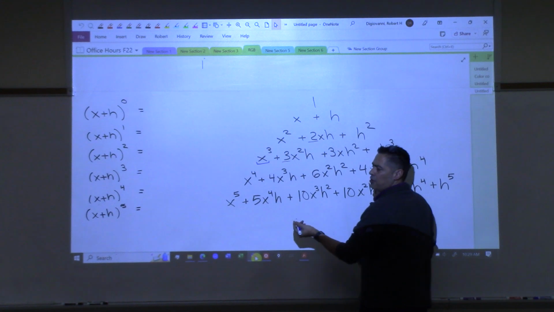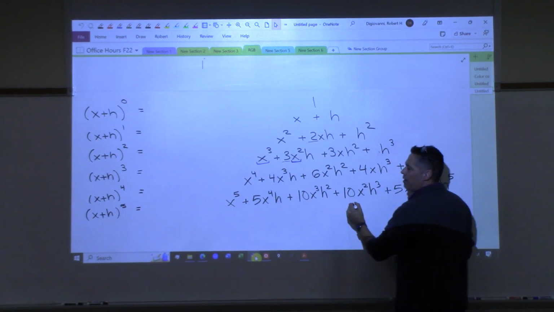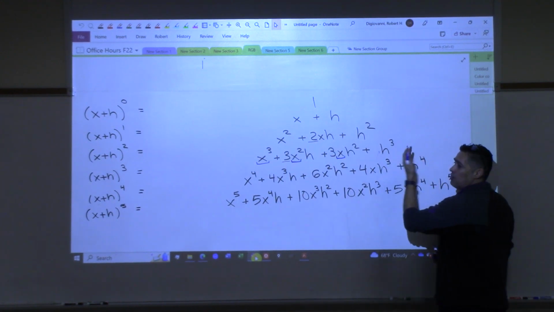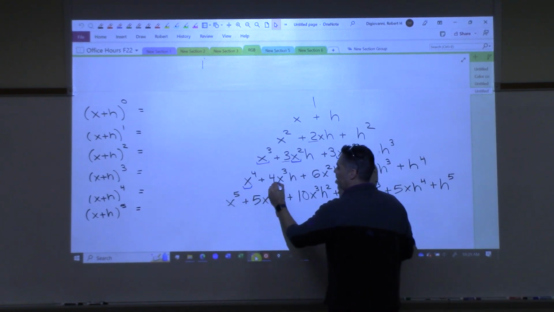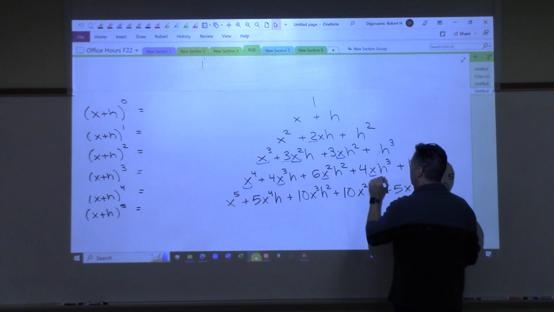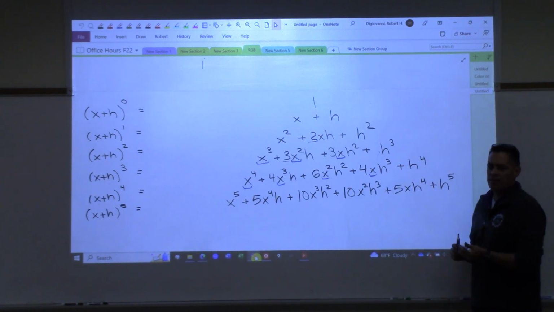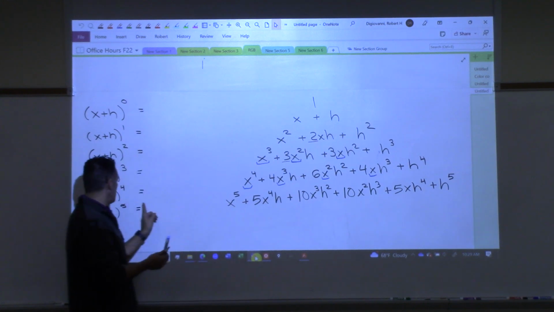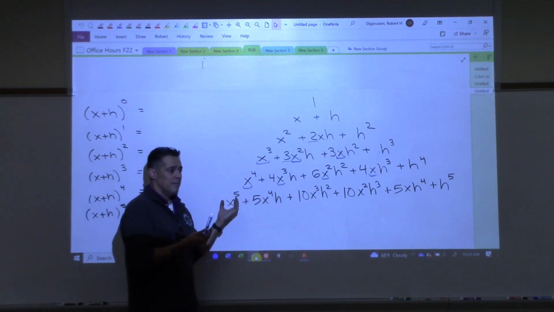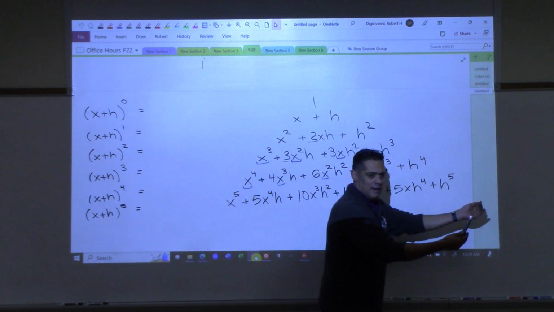Here, x cubed. In the next one, x squared. In the next one, x, and then gone. And that happens in all of these rows: x to the 4th, then x cubed, then x squared, then x, then gone. So as you move from left to right, the x's start out as whatever power is here, and then they just vanish away.